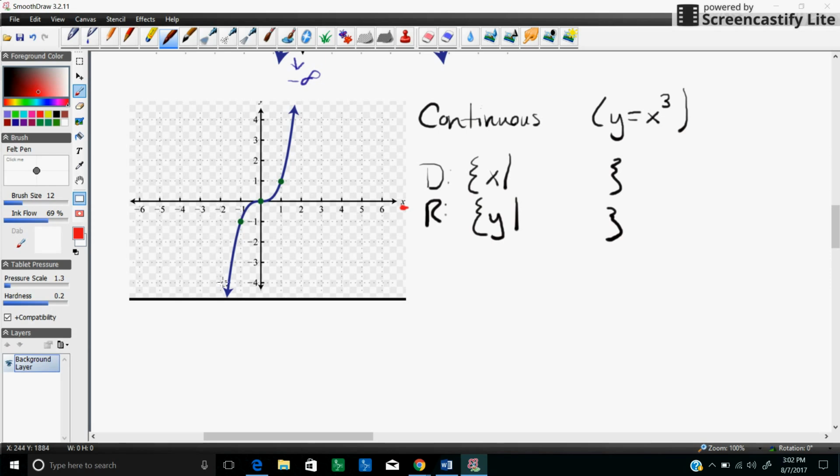Just like the graph before, you see that this arrow is going forever down and to the left. So we know that it's going forever to negative infinity, forever to the left. Similarly, it is also going up in this case, but it's still going forever to the right. So it's also going to infinity, okay?